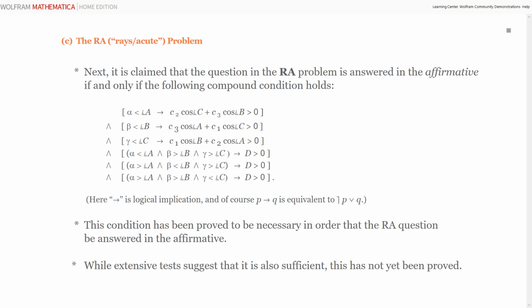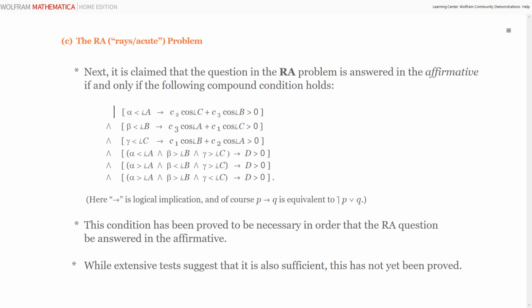All right, this is the ANDing of 6 pieces. The first piece says, if alpha is less than angle A, then C2 cosine angle C plus C3 cosine angle B is greater than 0. All right?